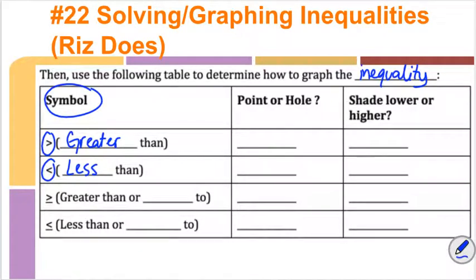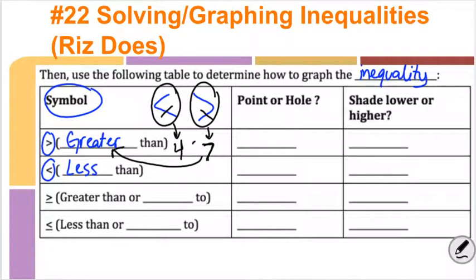People ask me, how do you remember that, Mr. Rizkala? Here's my greater than, here's my less than. What I do is I actually put a little dash right here, and if you notice, this kind of looks like the number 4, and this kind of looks like the number 7. And I know that 7 is greater than 4, and 4 is less than 7. That's just one way that you can remember it.